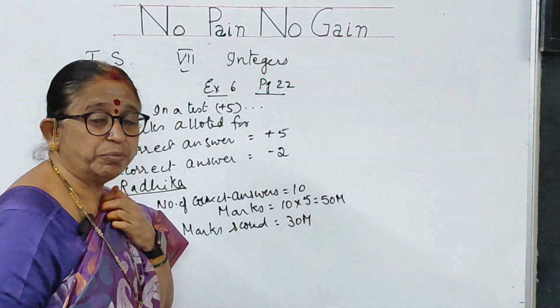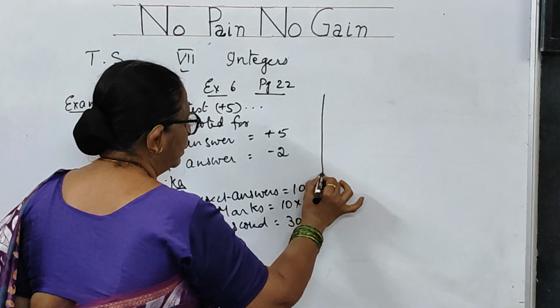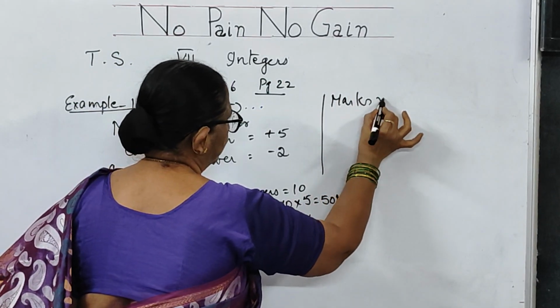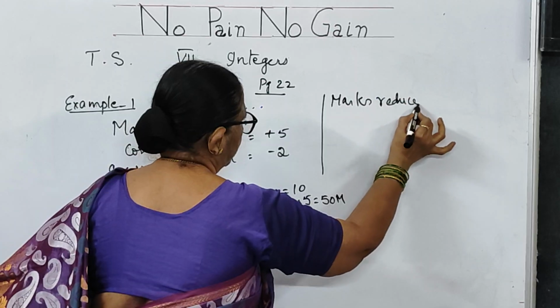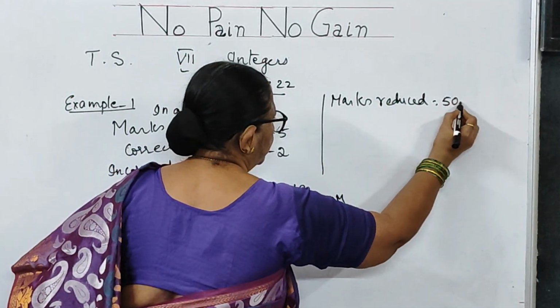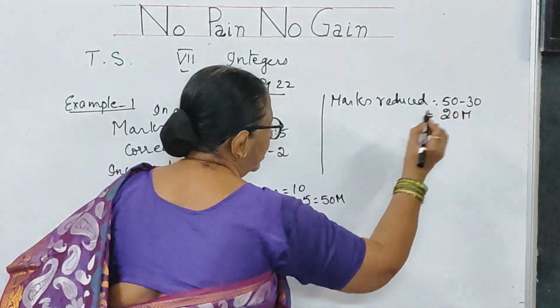But she got 30 marks. Means what, children? Some marks are deducted. So, what are the marks? Reduced. Deducted means marks reduced. How will you get, children? From 50, if you subtract 30, how many marks? 20 marks got reduced.